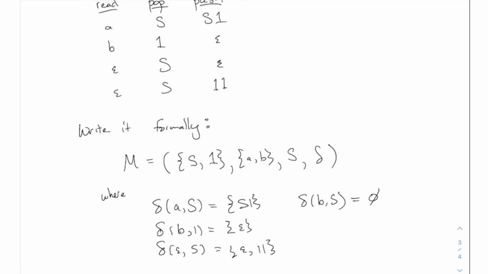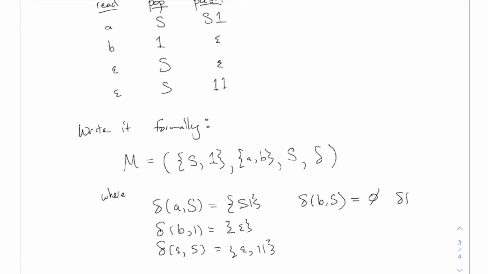But because delta is a function, you need to say what its value is on all of the possible pairs in the domain. So I'm going to write a whole bunch of extra stuff having empty set as the answer. Let me just finish writing pairs which have S as the second part.